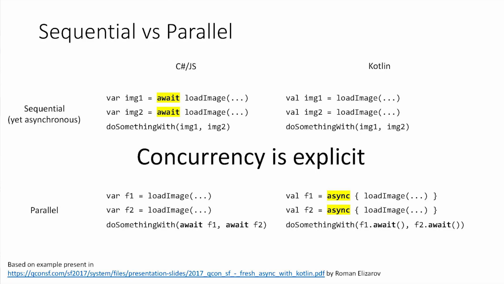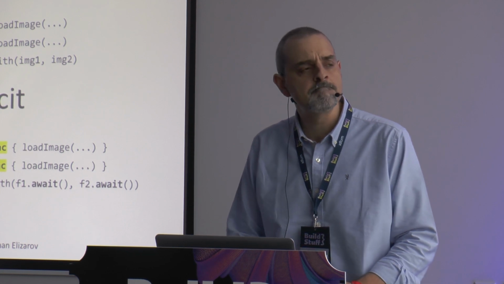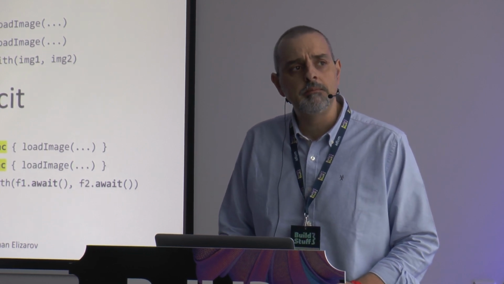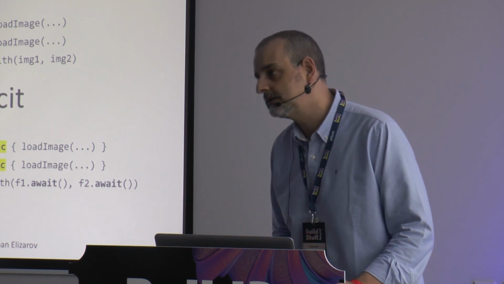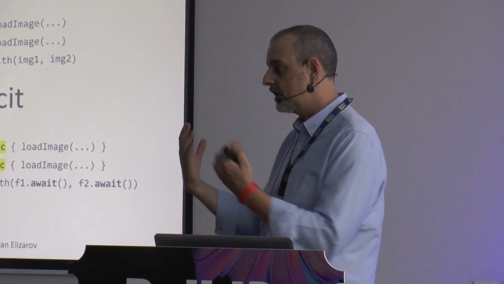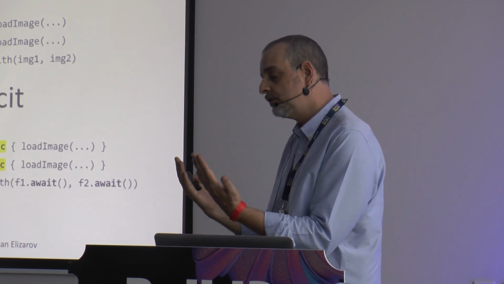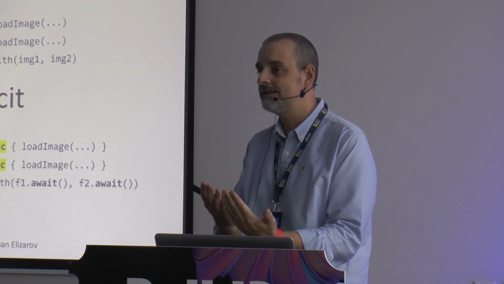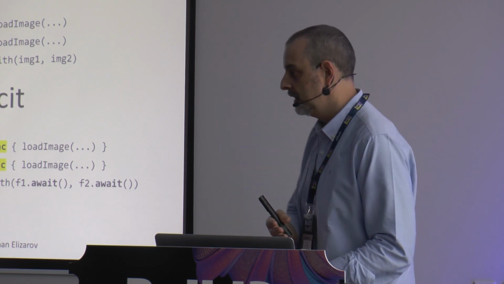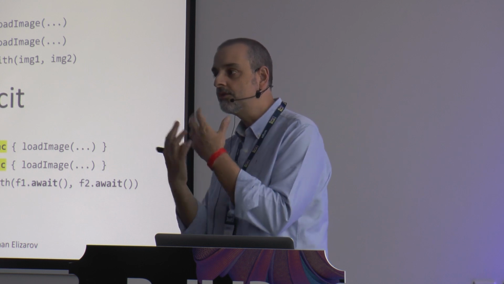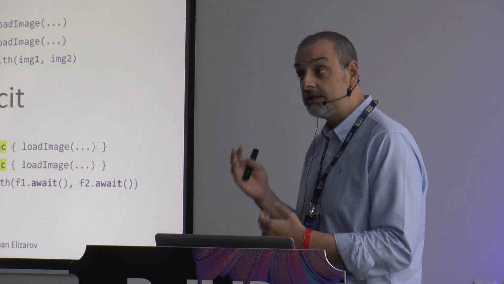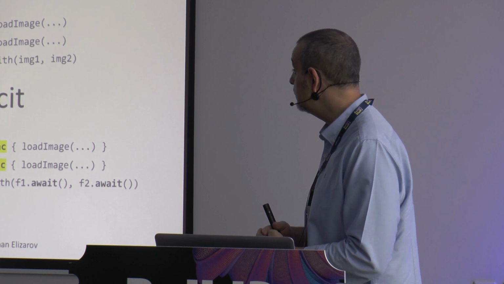So in Kotlin, concurrency is explicit, and one of the main points of making concurrency explicit is that concurrency is hard. And when you have concurrency, you need to deal with concurrent access to shared memory. And you start needing to use locks and mutexes and synchronization structures. And this is true in C#, this is true in Kotlin.